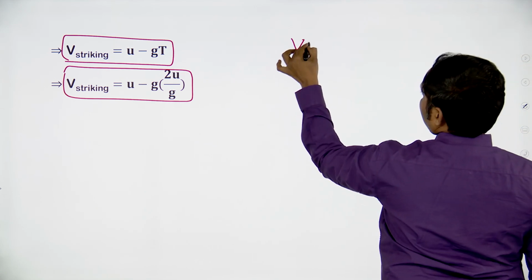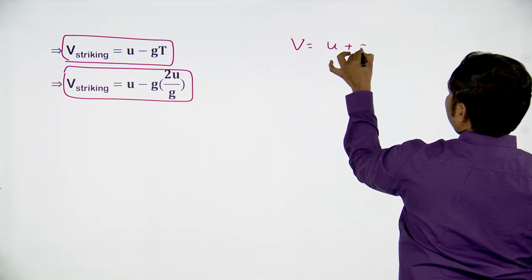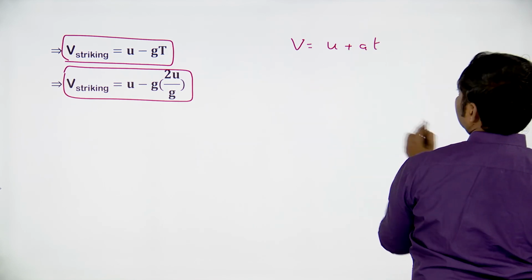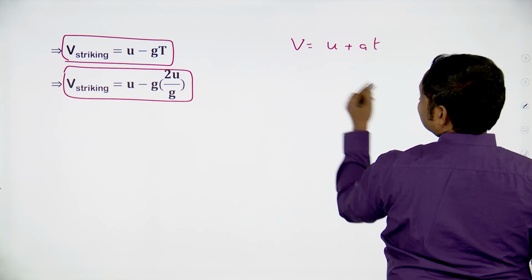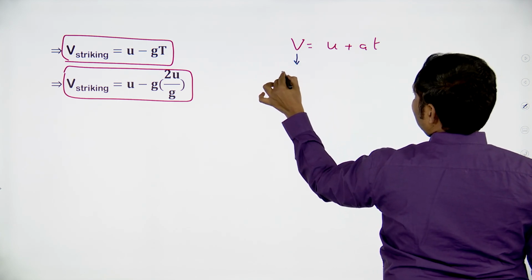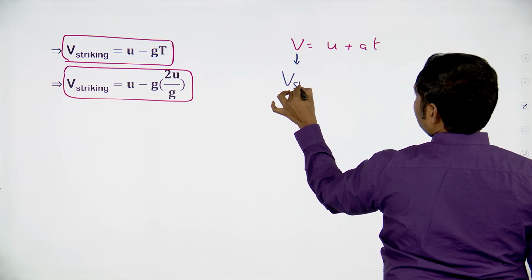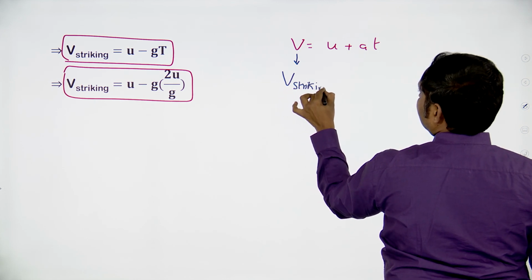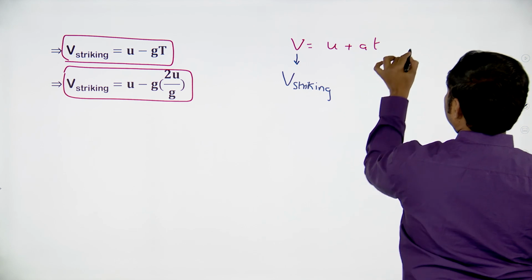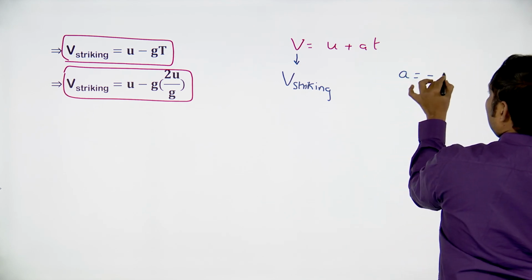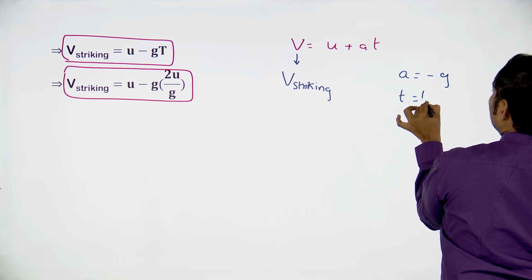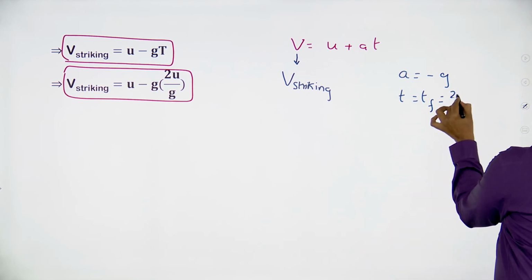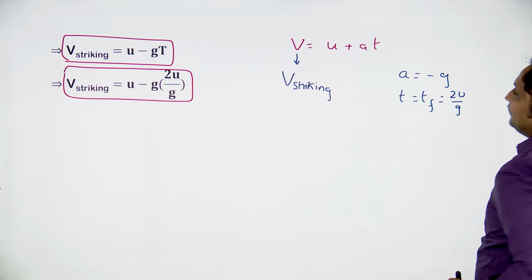You know, v is equal to u plus at. Here v is v striking, a is equal to minus g, and t is equal to the time of flight, which is 2u by g.